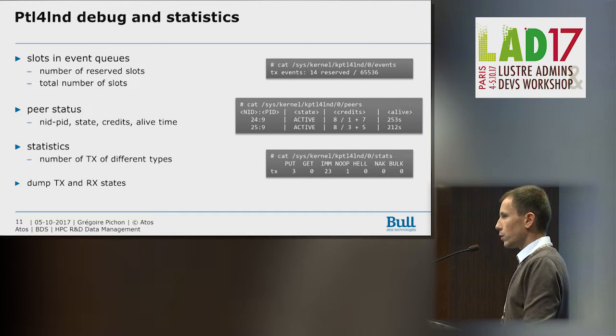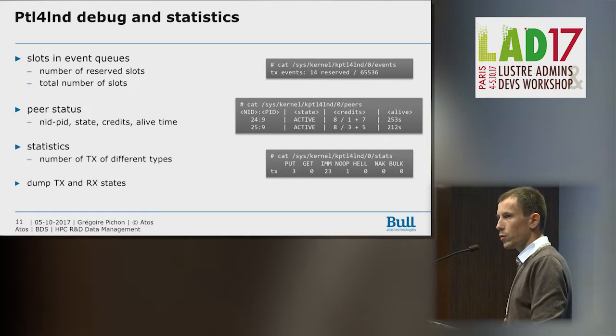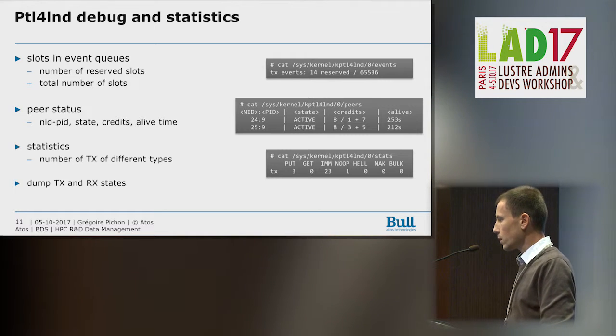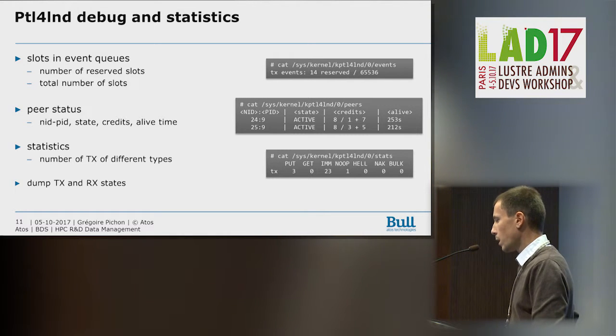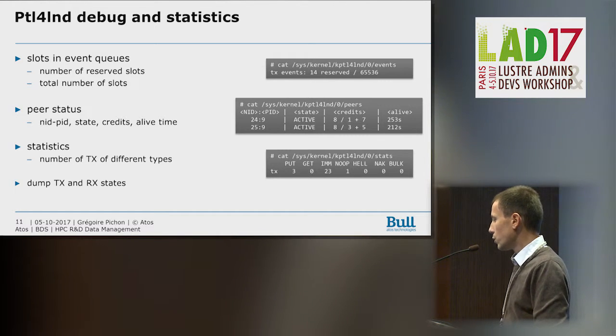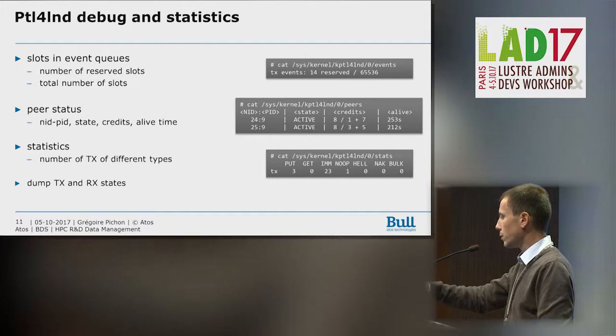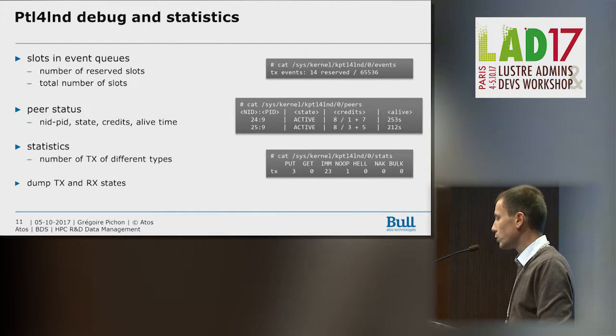The LND provides certain debug and statistic information. For example, the number of events reserved and allocated, information on peers that is communicated to LNet on demand, and also statistics on the number of transmissions that have been performed. You find on the right the kind of messages we've seen before. The put and get are the rendezvous setup messages.